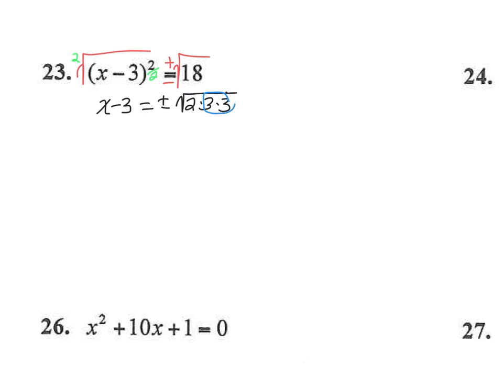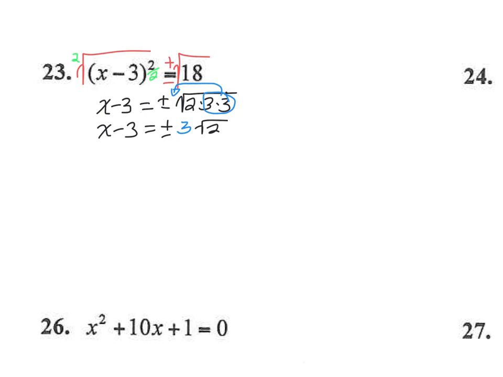I want to simplify this radical, so I'm going to take a pair of 3's out in front, and only one 3 will come out in front. So we end up with x minus 3 is equal to plus or minus, then the square root of that 3 times 3 comes out to be just 3, and then that 2 gets left underneath.